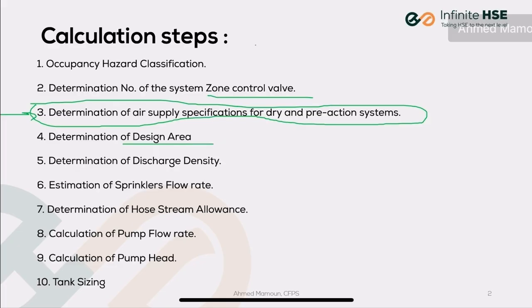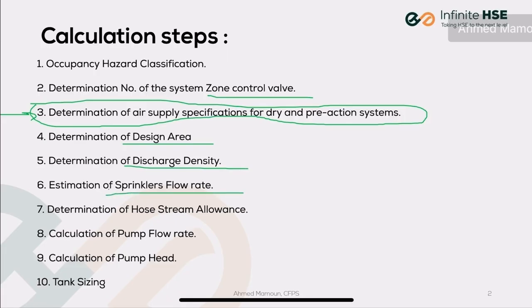To calculate any water demand for a sprinkler system, we need to specify the occupancy hazard classification. From the occupancy hazard classification, we can determine the design area and also the discharge density, so we can calculate the sprinkler flow rate.